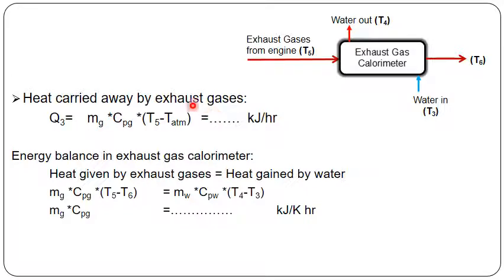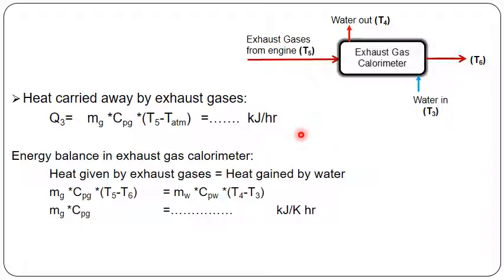If you total these three components, the heat utilized, the heat lost with the coolant, and the heat lost with the exhaust gases, and subtract them from the total heat supplied to the engine, that is Mf into Cv, you will get the heat unaccounted, and this completes our heat balance sheet.